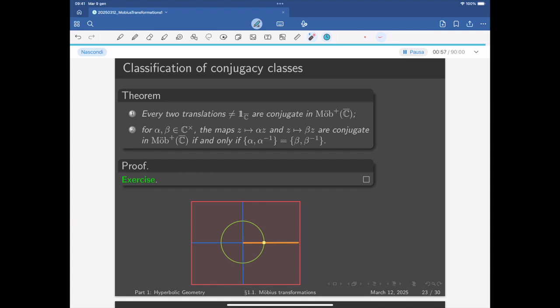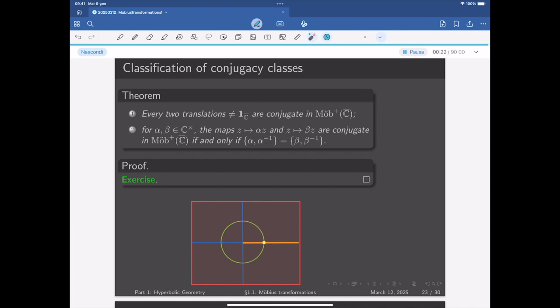But one can give a precise description of the conjugacy classes, and it's that every two translations are conjugate, which I still think of as a bit disappointing, and multiplication by non-zero complex numbers are conjugate if and only if one of them is the other or its inverse.